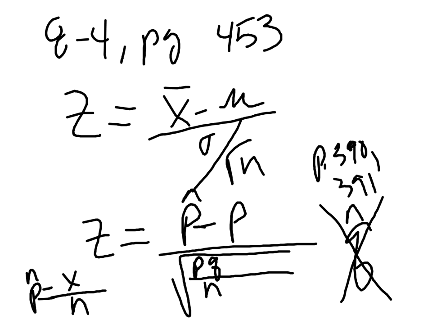They told us that P hat equals X over N, where X would be the number of individuals or data entries that have the particular trait over the sample size.